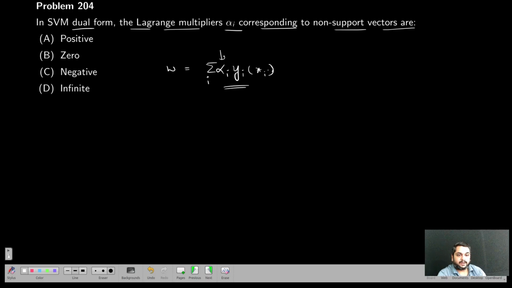This alpha i is a Lagrangian multiplier. It indicates if it is equal to 0, then it is not a support vector. Please refer to my video lectures, I explained in depth. If alpha i is greater than 0, then it indicates a support vector. So what they are asking, non-support vectors, alpha i will be 0.